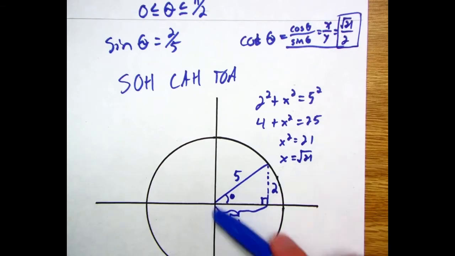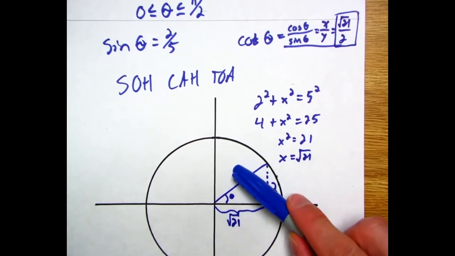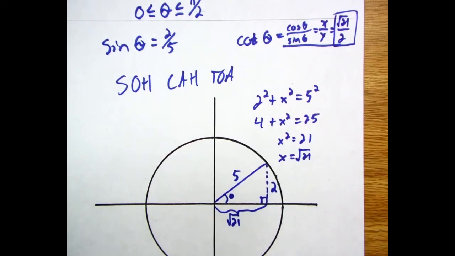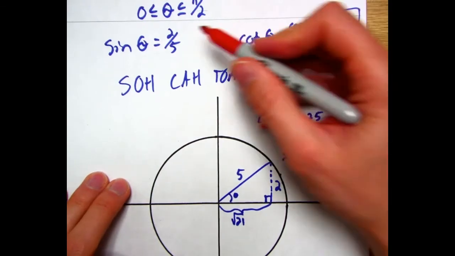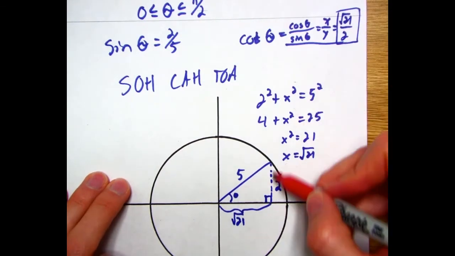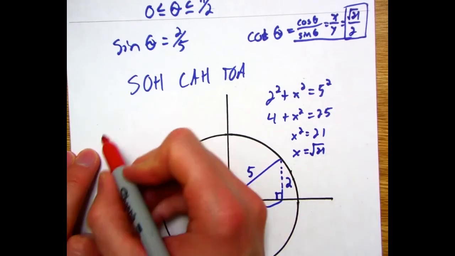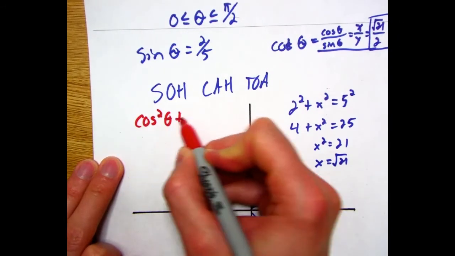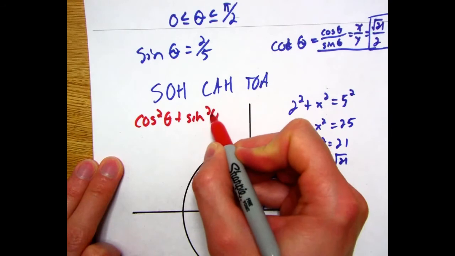So notice that I didn't really use a unit circle here. Instead of making the hypotenuse 1, I made it whatever it said underneath here. We could have done it the other way. I'm going to show you that real quick, and use 2/5 as the sine value and figure out cosine. We would know that, for instance, cosine squared plus sine squared equals 1.